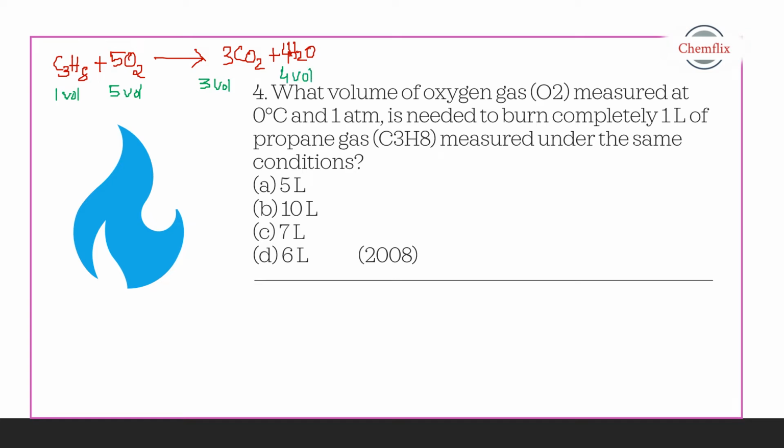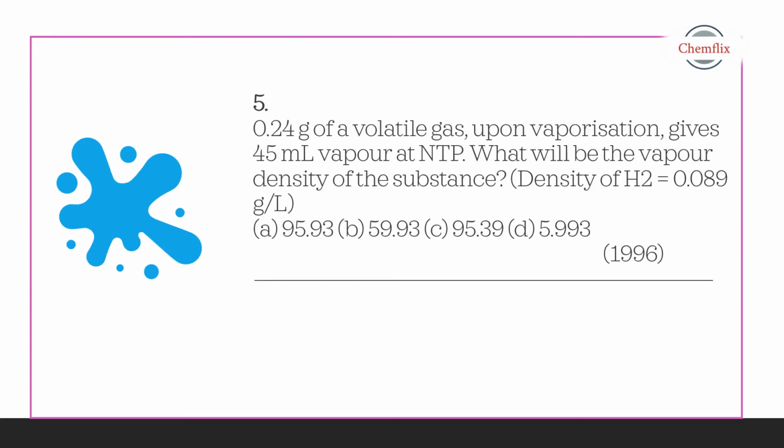Now what volume of oxygen gas measured at 0 degrees Celsius and 1 atm is needed to burn completely 1 liter? Suppose it is 1 liter of propane gas, how many liters do you need? 5 liters of oxygen. Very simple question. This was previously asked in 2008.